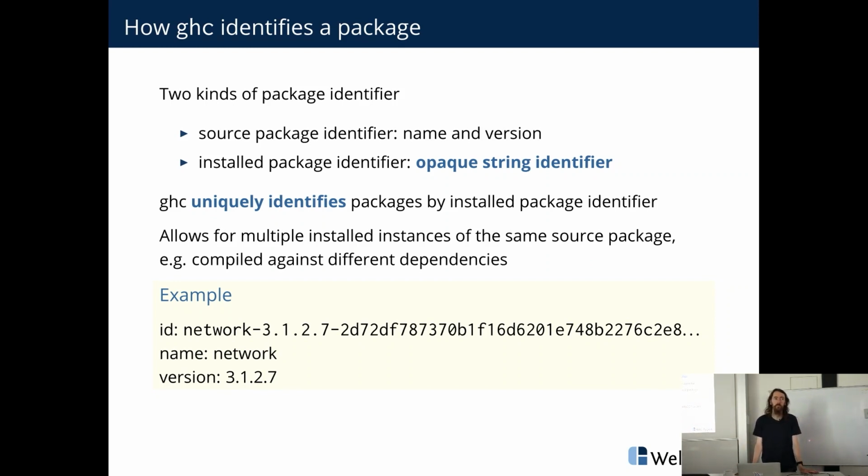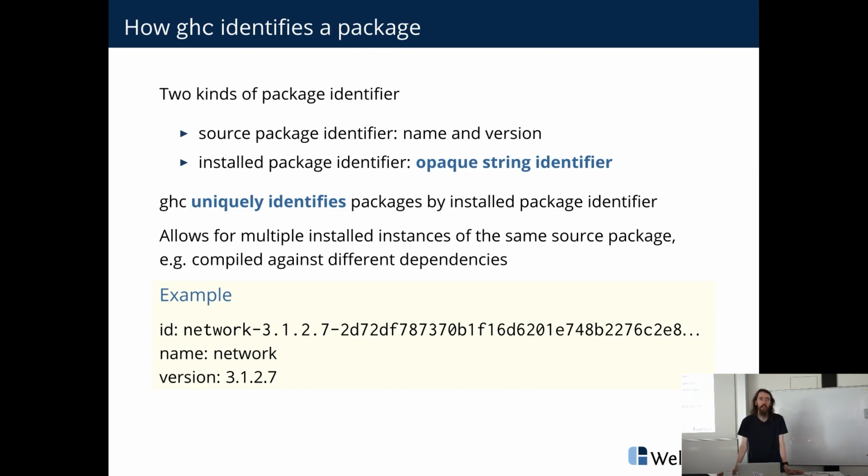Just destroyed my mental model. You said this is GHC's. This is a GHC unit ID, and other things might have something else. But you're saying Cabal makes them up. Yes. Is that right? It is. Why? How can it be GHC's unit ID if Cabal makes it up? It's a thing that GHC calls the unit ID, but its structure, its value, how it's derived, is not chosen by GHC.